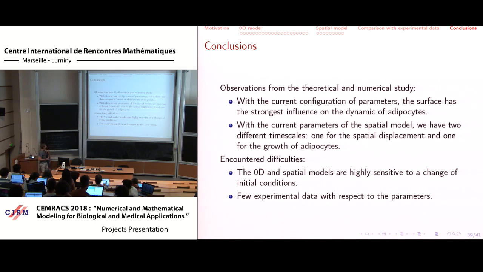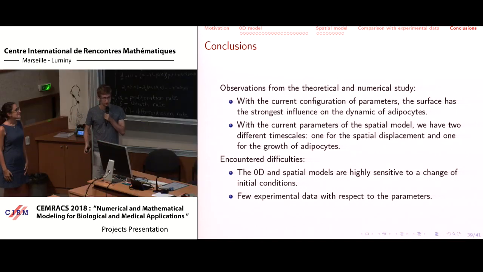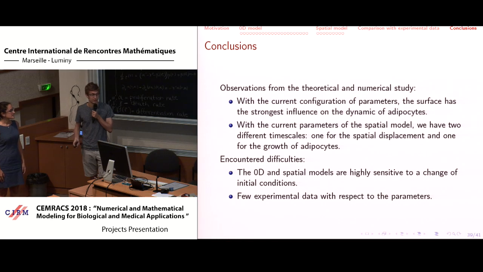As a conclusion, I will emphasize some main observations that we made during this project. First, with the current setting of parameters, we see that the growth rate of adipocytes is very sensitive to the total surface of adipocytes.